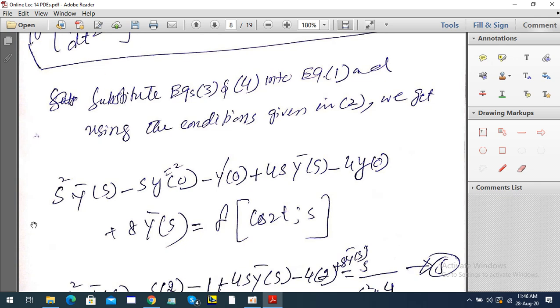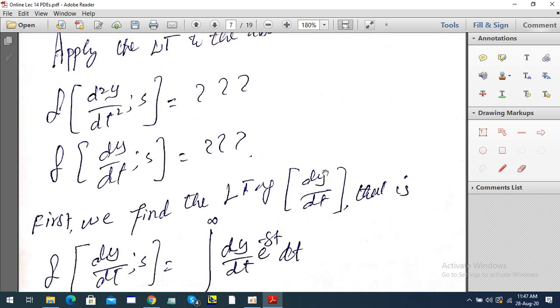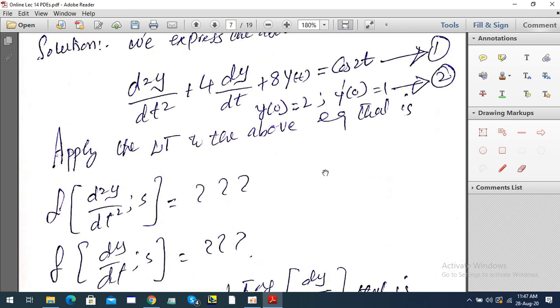This is the Laplace of d square y by dt square minus this is the Laplace of dy by dt. I have already done this for you in the last portion of this lecture.